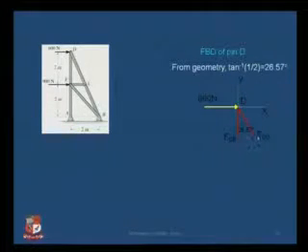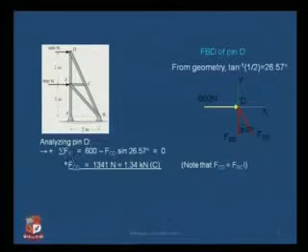Now assume that force FCD is going towards the joint, that is towards the point D, and force FDE is going away from the joint. So if I apply summation Fx equal to 0, where I am taking force going from left towards the right to be positive, then I have 600 minus the component of this. Now see, I am taking the component of this in this direction, but my angle is with respect to the vertical, so I have the sine component here.